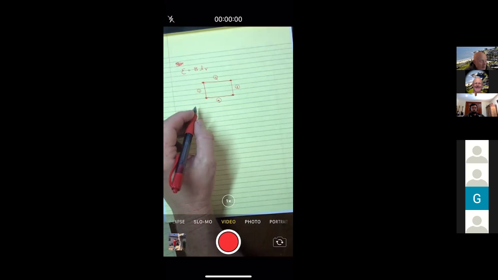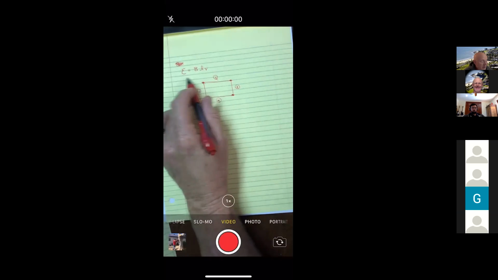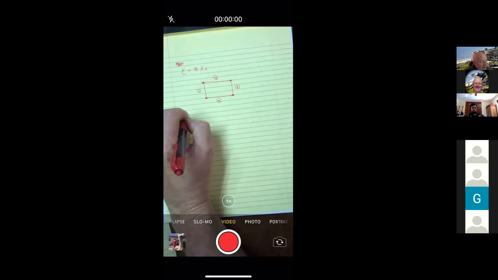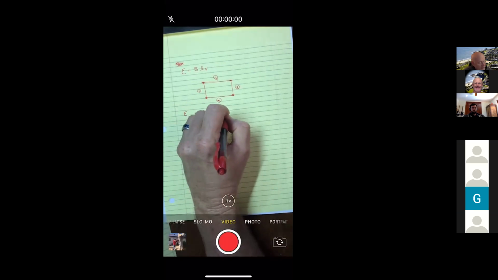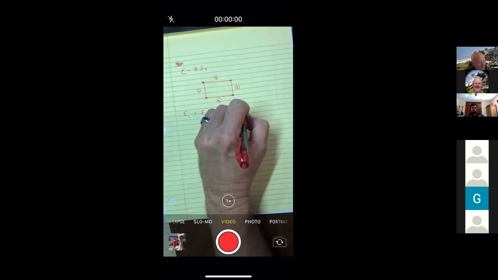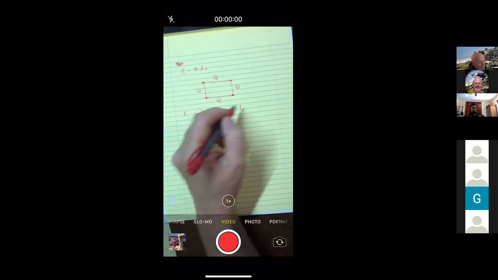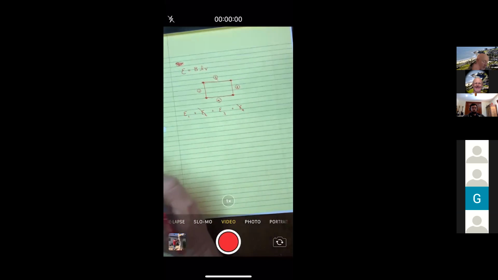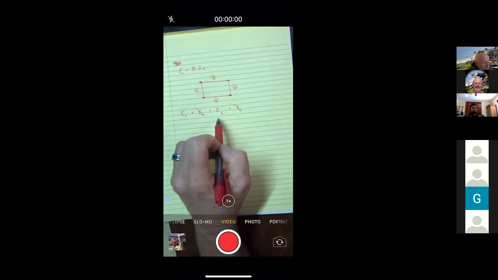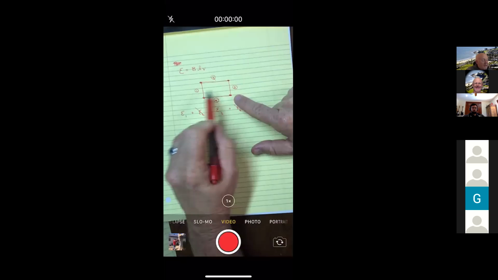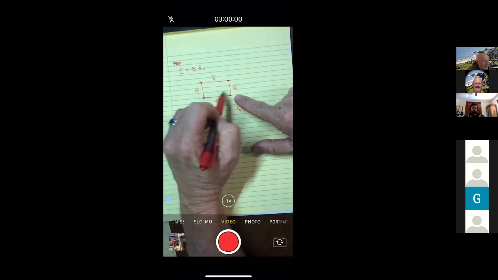So what Don did in this solution is he said, let's just take the voltage from number 1, plus the voltage from number 2, plus the voltage from number 3, plus the voltage from number 4, but argued that 2 and 4 would be equal and opposite and cancel off. And 1 and 3 would also be opposite but not equal because they are at a different field.